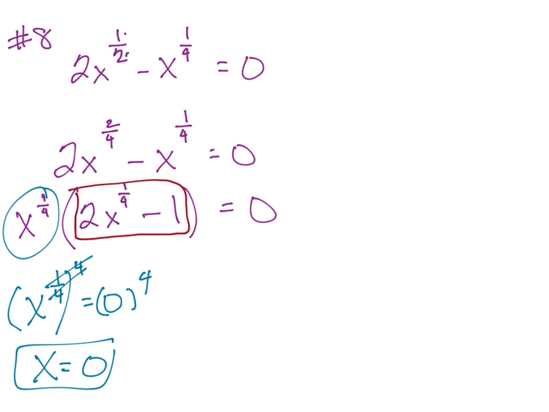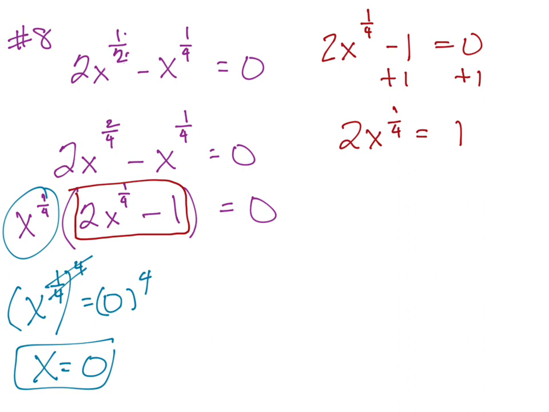And the other one is going to be our 2x to the 1/4 power minus 1 equal to 0. Add 1 to both sides. So 2x to the 1/4 power equals 1. And then divide both sides by 2. So x to the 1/4 power is equal to a half.